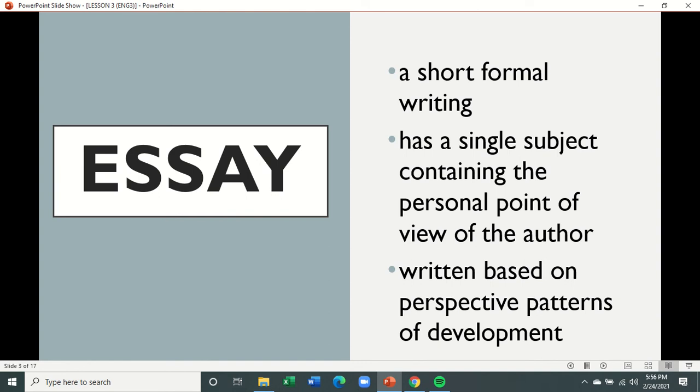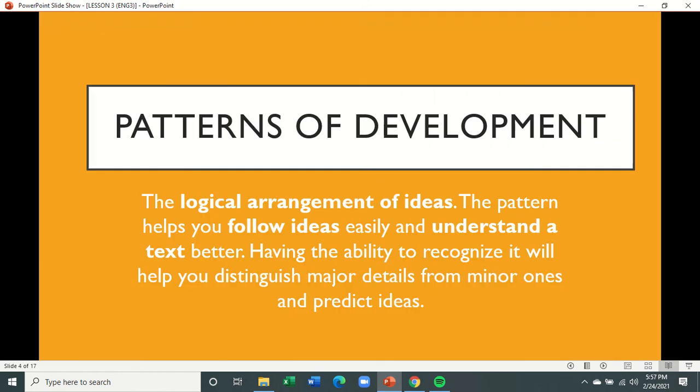And it is written based on patterns of development. So unknowingly, as a student, you are already using patterns of development in an essay. But now, let us know deeply the patterns of development.